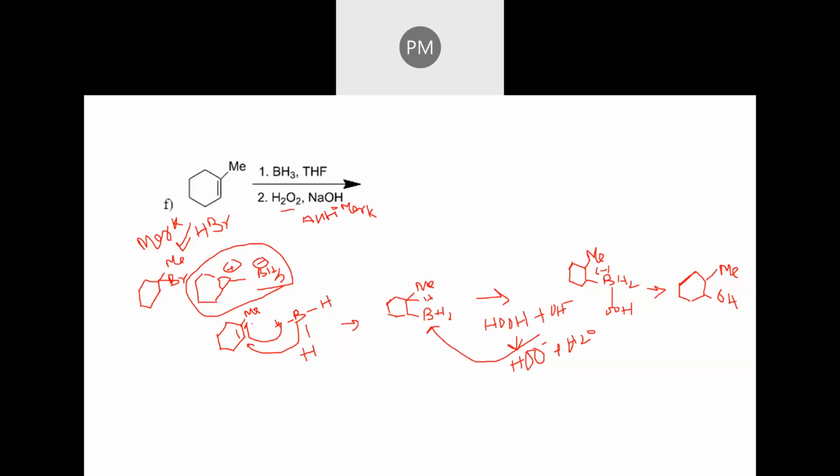But when you go for the Markovnikov addition, our Br will be attached to the more substituted site because a carbocation will be produced. And here the reaction procedure is completely different. So what will be our product? So our product will be, and also we have to remember that our hydrogen and OH will be on the same side.